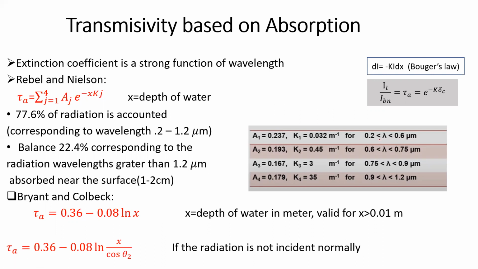it is a strong function of wavelength, and we can say that from Bouguer's law the intensity variation is represented, and from that law we simply evaluate I by I0, which is equal to the transmittivity based on absorption, equal to e raised to minus k delta x.